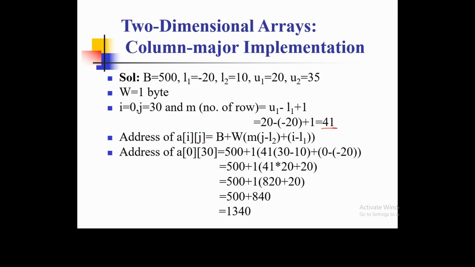So address of aij or a[0][30] will be 500 plus 1 times 41 times (30 minus l2, that is 30 minus 10) plus (0 minus l1, or minus -20), and after solving we are getting this address. So this is the address of that element in this particular array.